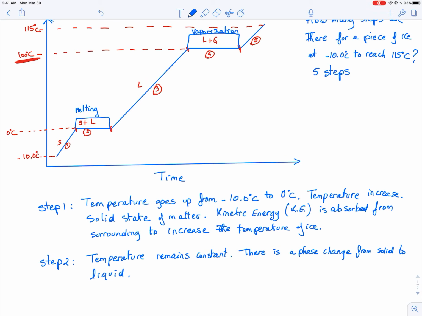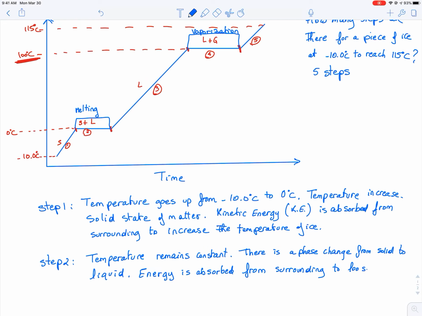Okay? Energy is still absorbed, but the purpose of the energy being absorbed is different. It's not to increase the temperature this time, but it's used to loosen the intermolecular forces between the solid particles.